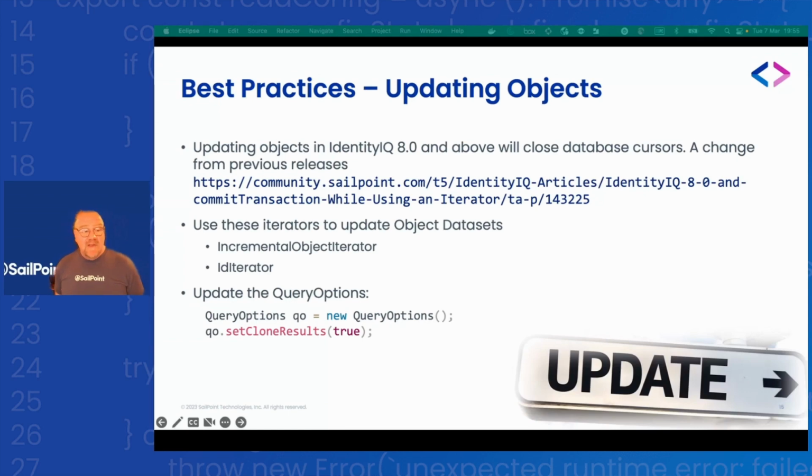If you set cloneResults to true on the query options and start iterating, the process would in effect iterate all the actual records for you, put them into memory, and then return the iterator or the persisted memory state of your query. So it's kind of expensive, but it does work. It's a simple way to work around it, and if you're getting small record sets, you shouldn't really notice that much of a difference.